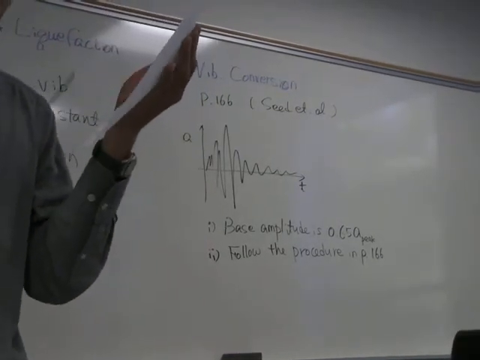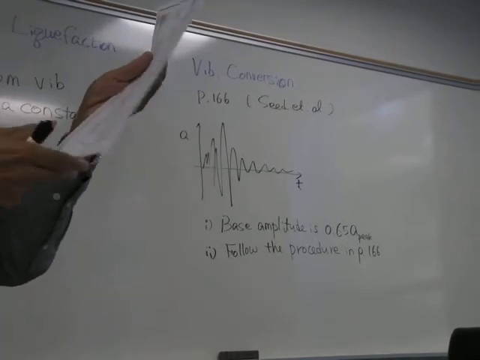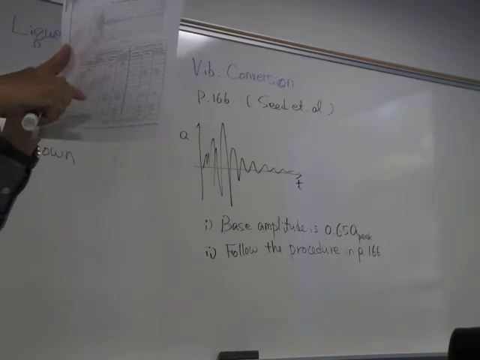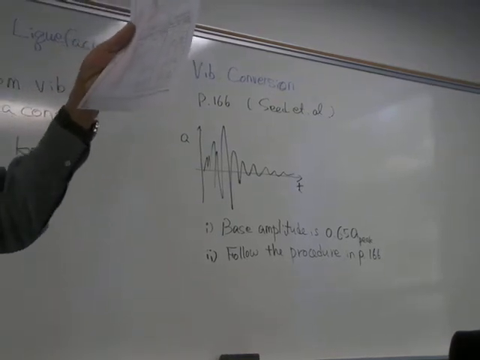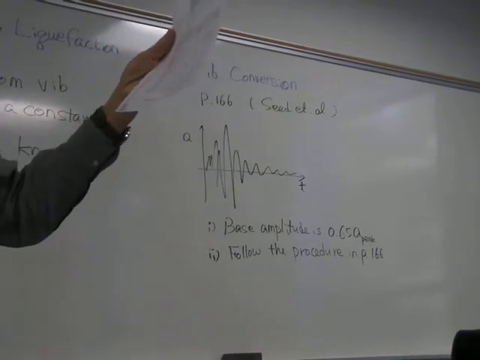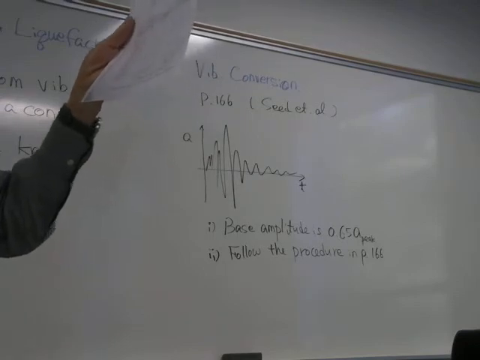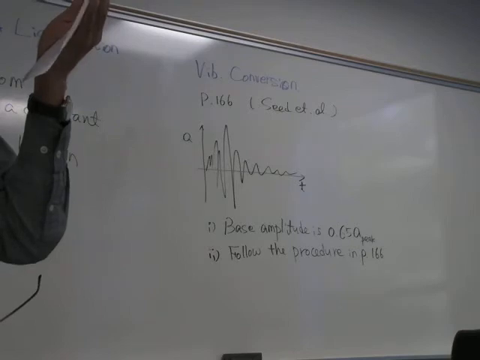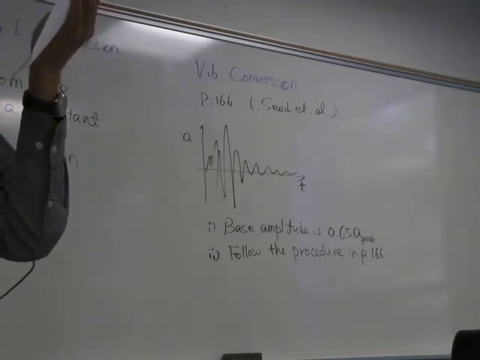So we have another one. You just follow this table like that, and somewhere at the very bottom it shows 0.35 tau max. So the peak acceleration should be somewhere 0.035 or maybe a little bit higher.